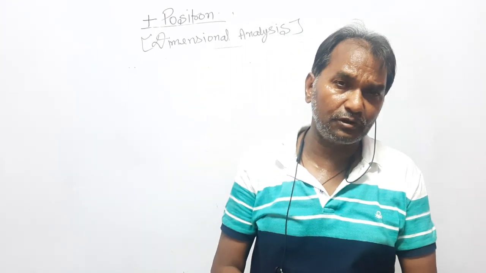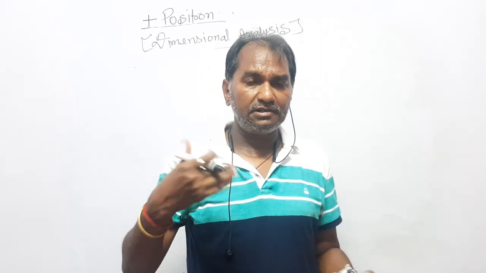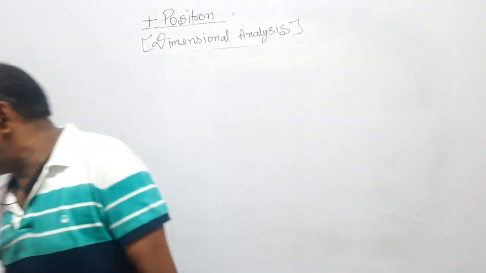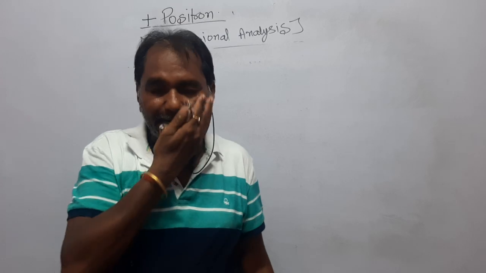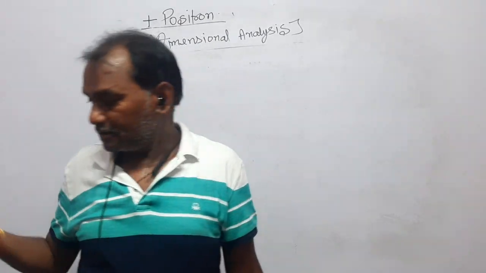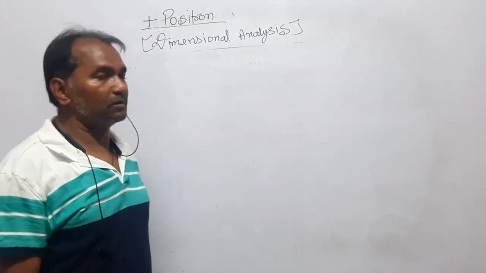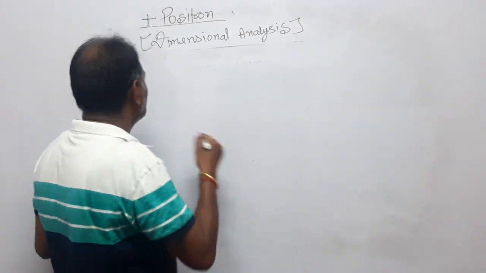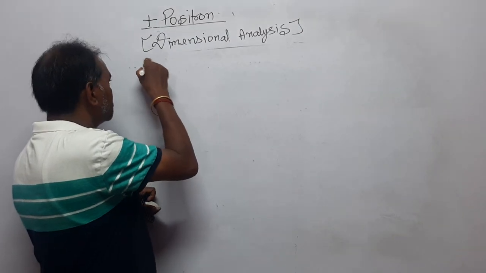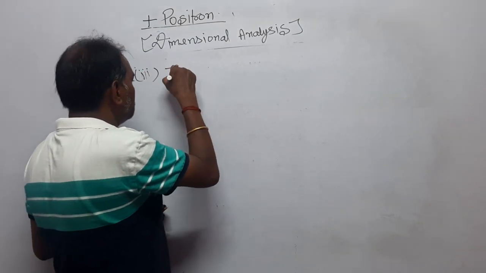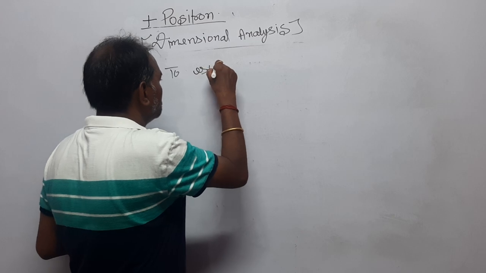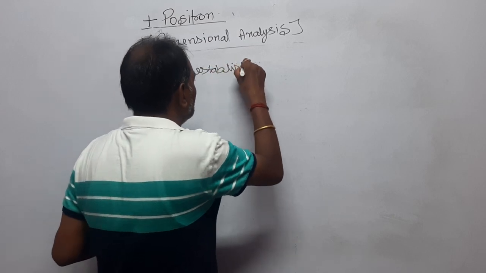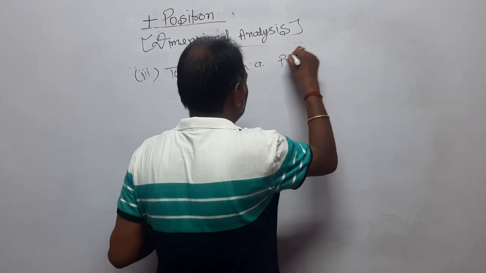Second one is to check the validity of a physical formula, whether it is right or wrong, based on dimensional analysis. And the third one is what? The third one is to establish a physical formula.